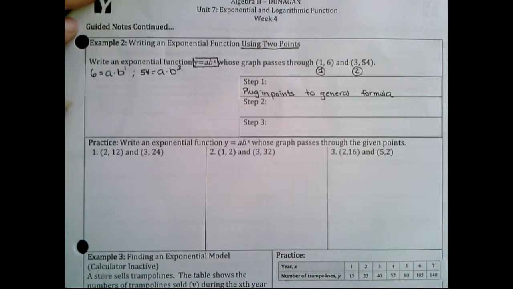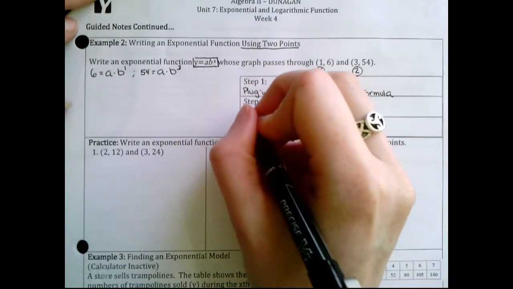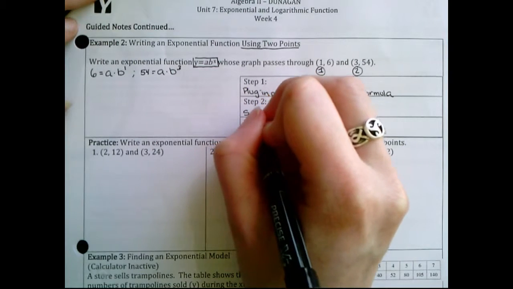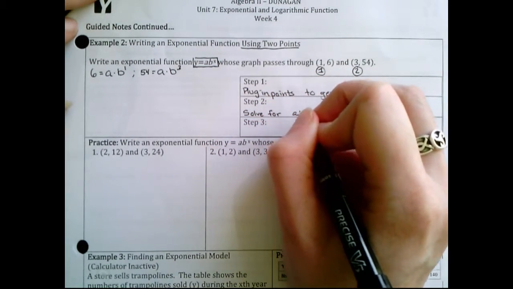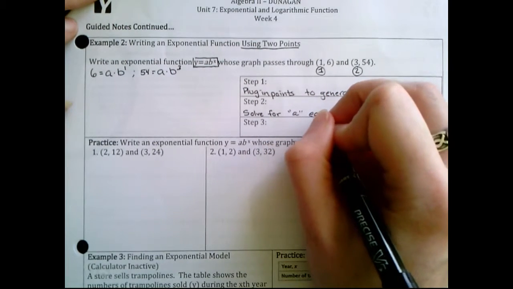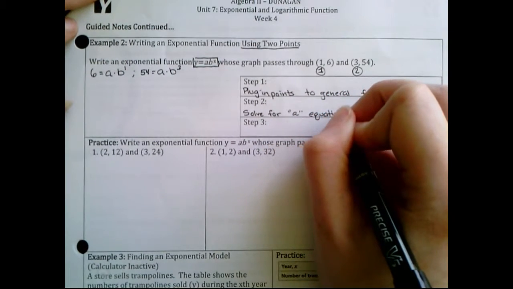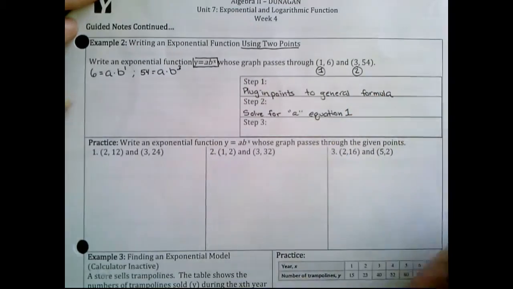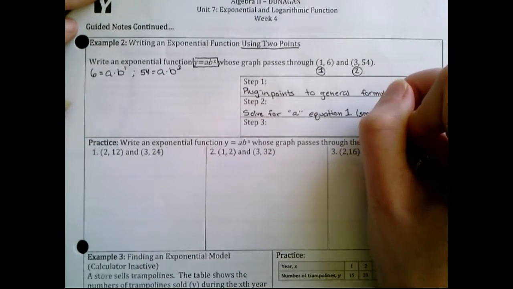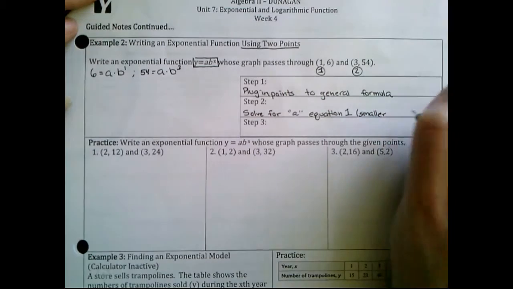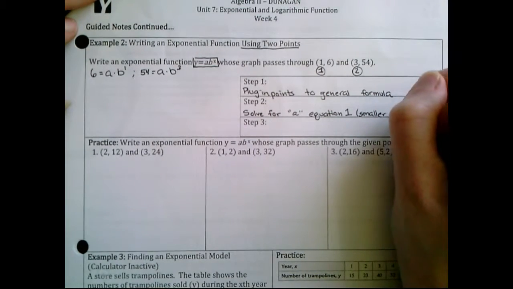Now that I know this, step number 2 is going to be to solve for a in equation 1. I'm always going to label equation 1 as the one with the smaller exponent, so whichever has the smaller x value will be equation 1.